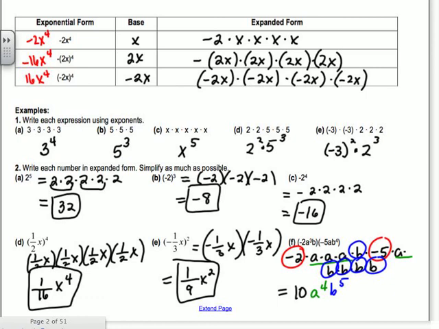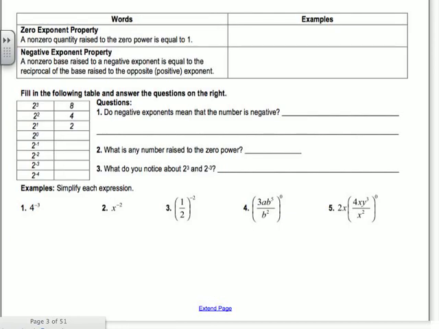All right, so the zero exponent property. A non-zero quantity raised to the 0 power is equal to 1. So basically if I had x to the 0, that's 1. So 5 to the 0 is 1. We'll talk about why that is in just a little bit. Negative exponent property.